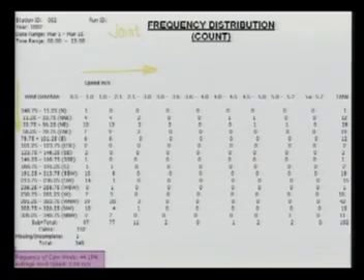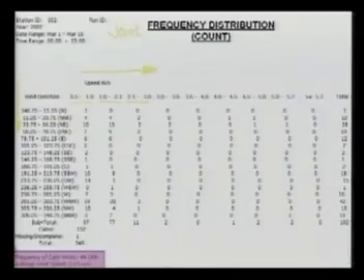Group number 1, 0.5 to 1, 1 to 2.1, 2.1 to 3, and so on. And when the wind speed is less than 0.5 meters per second, I will count that as the calm conditions and put it somewhere here. Yes, here it is, the calm conditions.